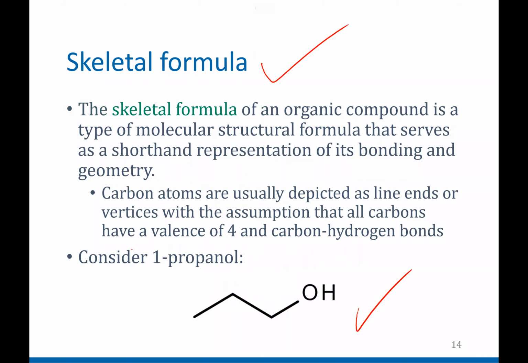So the way that we typically represent formulas in organic chemistry is with what's called the skeletal formula. We'll review this as we go through this chapter, but we use lines to represent the carbon chains, and we ignore any hydrogens on the carbons. Some of you might be thinking, wait a minute, you're putting a hydrogen right there.